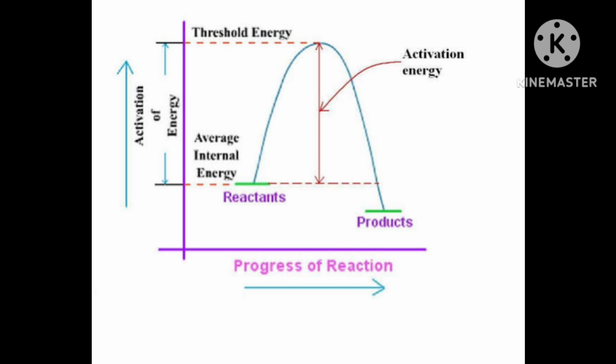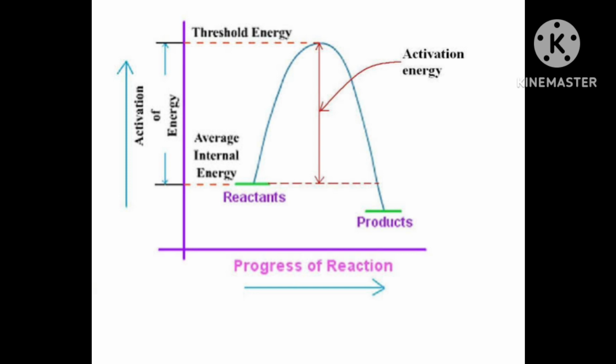That's why you have to heat it. Then it will go to the energy barrier and come down, because the product requires more energy. That is called an endothermic reaction.